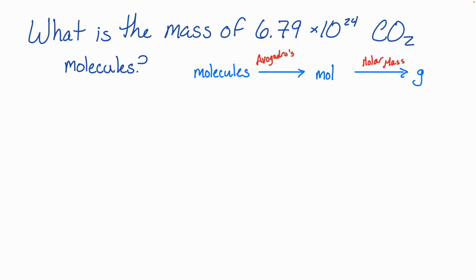So we need to go from molecules to grams, and we're going to do it by first using Avogadro's number to jump into moles, and then we'll use our molar mass to get from moles to grams. All right, so starting this off, 6.79 times 10 to the 24 molecules.